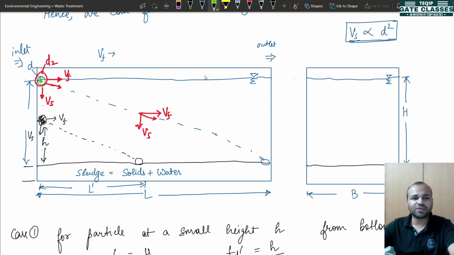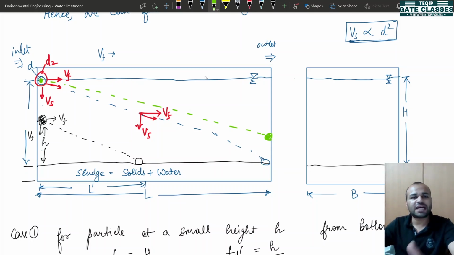Since the settling velocity will be less, the flow velocity remaining the same, the straight line will have a little different slope. The particle will not be able to reach the bottom of the settling zone in the given length and time. The particle will just reach here. So would we consider it to be removed? No, we won't be considering. Why?